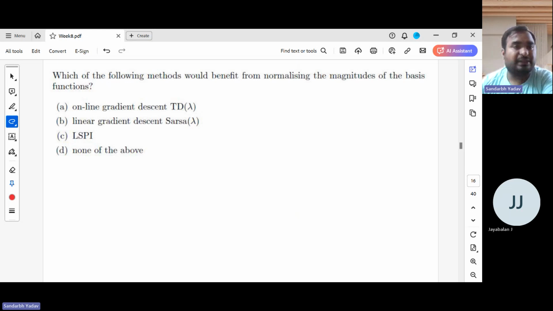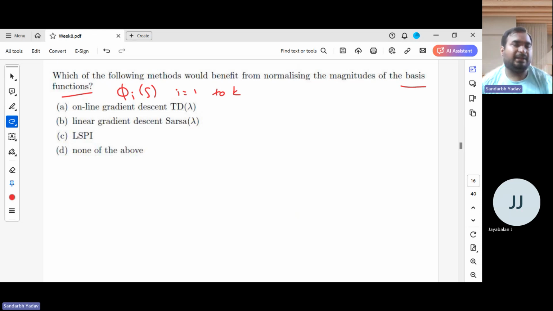So the next question says, which of the following methods would benefit from normalizing the magnitudes of the basis functions? So basis functions are basically your phi's. Remember phi i of s, where i equals 1 to k. So these are your basis functions. Initially, we didn't put any restriction on them.